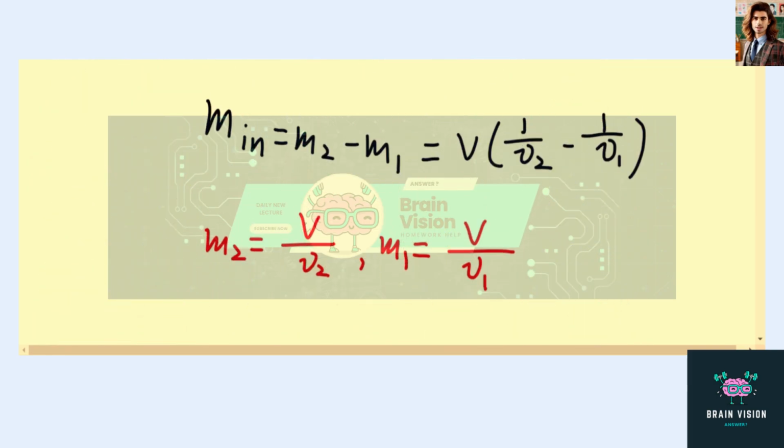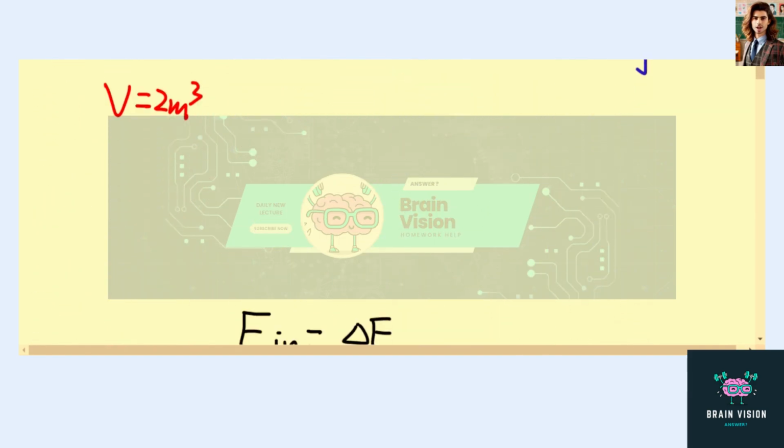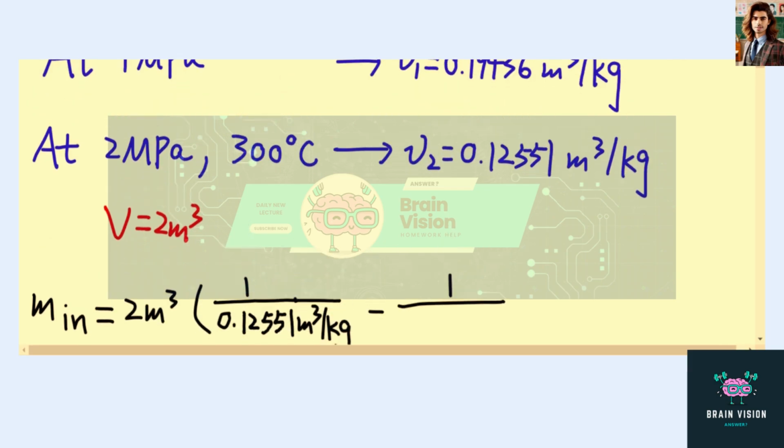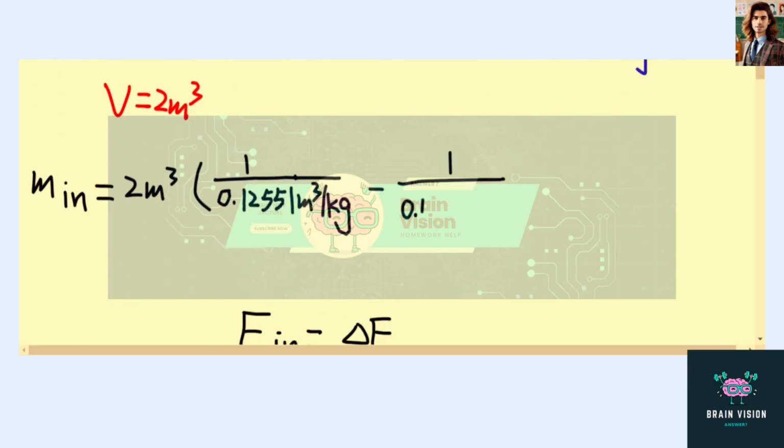So now let's plug back into the equation to determine the mass of steam that has entered. So we have m_in is equal to 2 meter cubed times (1 over 0.12551 meter cubed per kilogram minus 1 over 0.19436 meter cubed per kilogram).